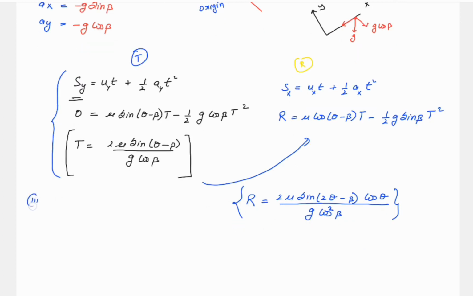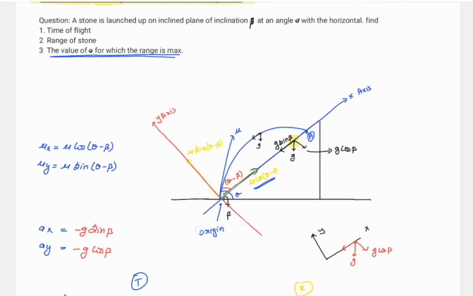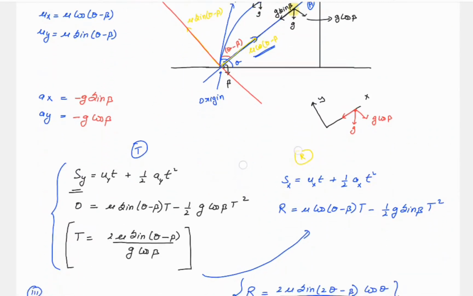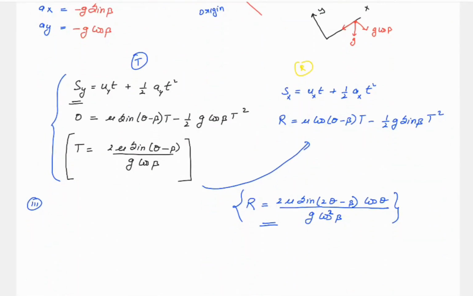Now the third option is asking for the maximum value. Option number 3: the value of theta for which the range is max. So we know this value is going to be maximum when sine of 2 theta minus beta has a maximum value. What is the maximum value of this?